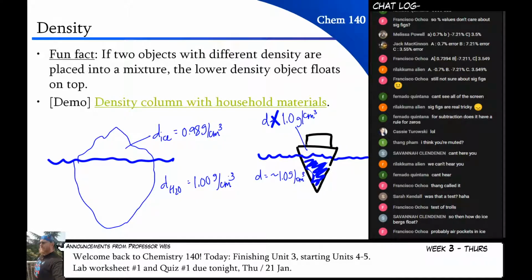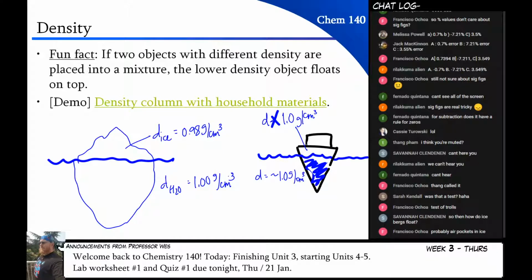Ice's density is less than water. In fact, water and ice are a very bizarre sort of phenomenon where ice is one of the few substances to have a lower density in the solid phase than in the liquid phase. Very few other substances do this.